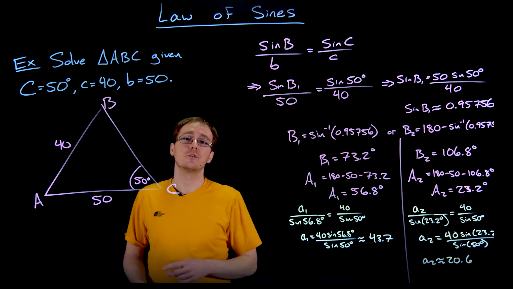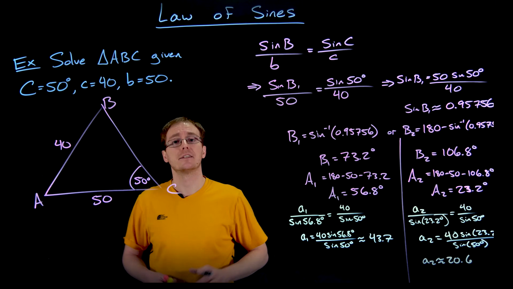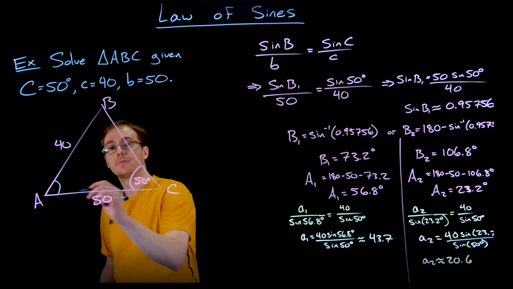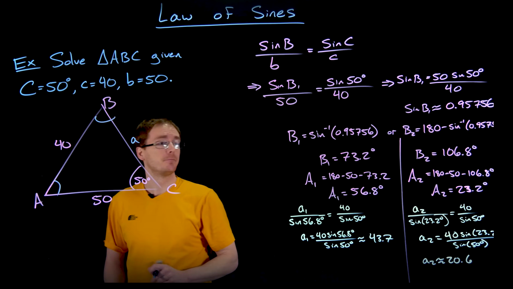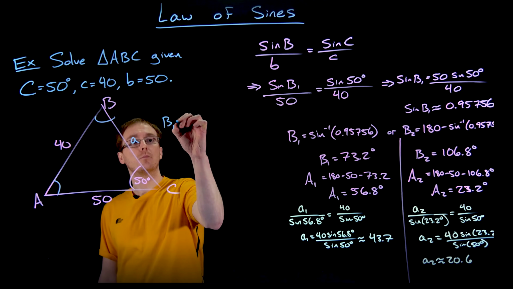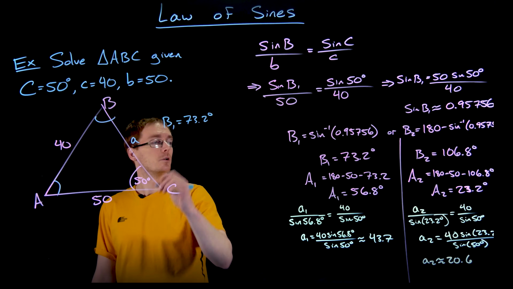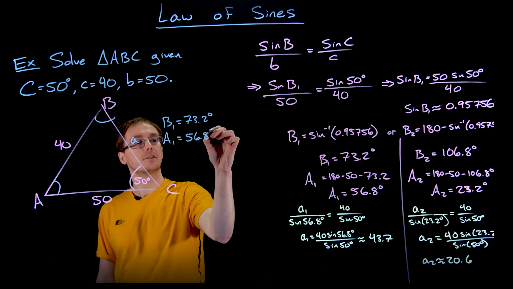So we have finished solving this problem. We found that there were two solutions, two triangles we had to solve for. So let's go ahead and organize our answer in a nice compact way. Remember, we're looking for angle A and side length A, as well as angle B here. We found B1 to be equal to 73.2 degrees. We found A1 to be equal to 56.8 degrees.